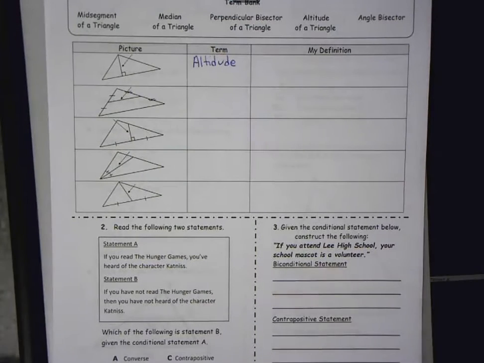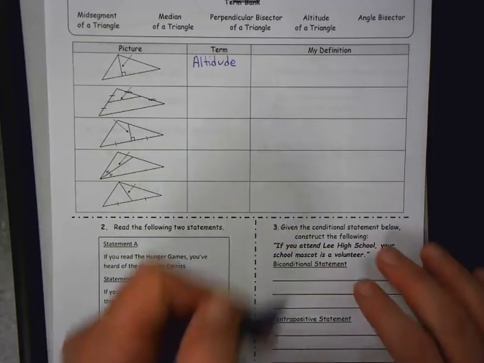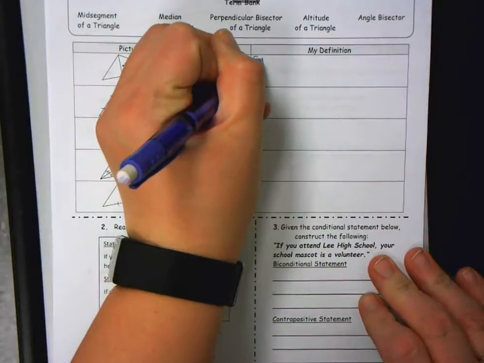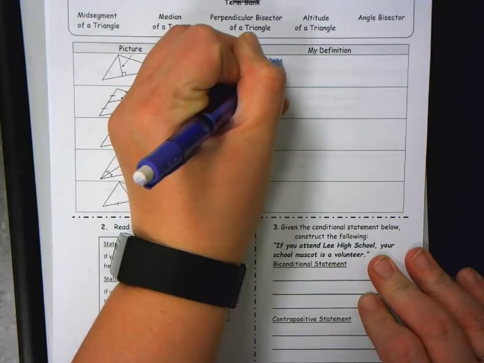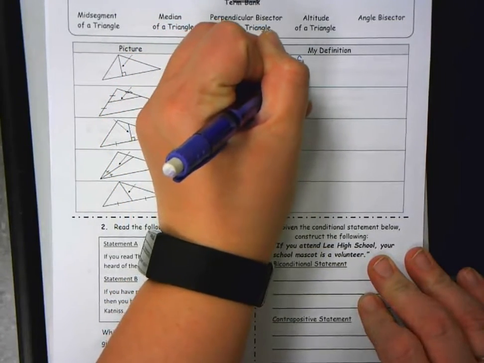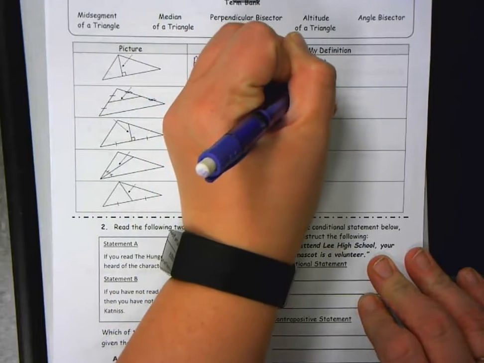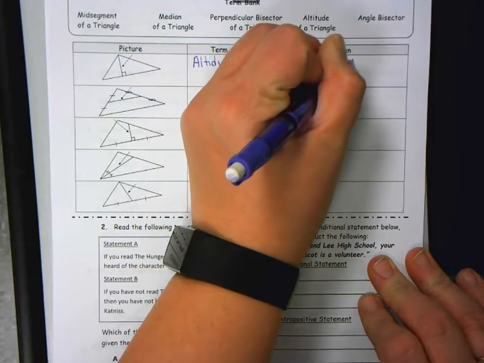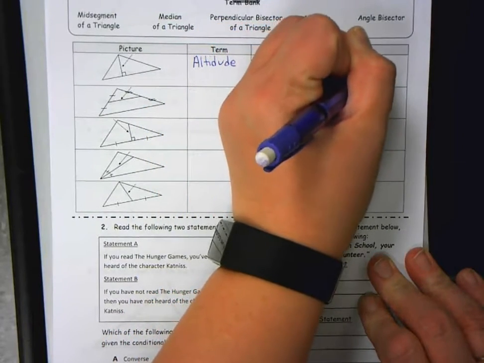An altitude of a triangle is a segment that goes from a vertex to the opposite side and is perpendicular to that side.